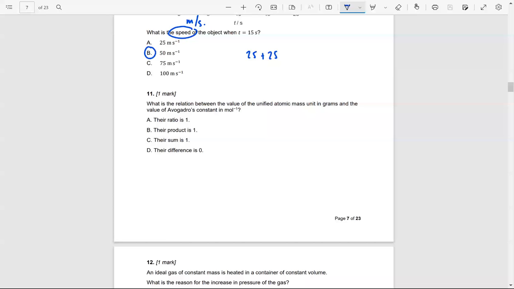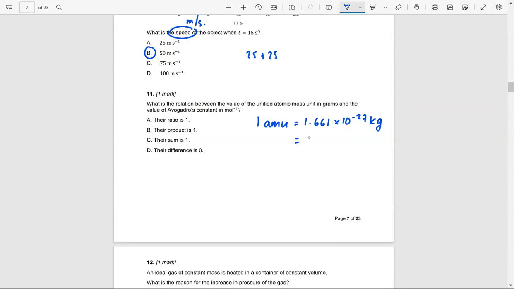Question 11 is looking for the relationship between an AMU in grams and the value of Avogadro's constant in per mole. So if you have a look in your data booklet, 1 AMU is 1.661 times 10 to the minus 27 kilograms.